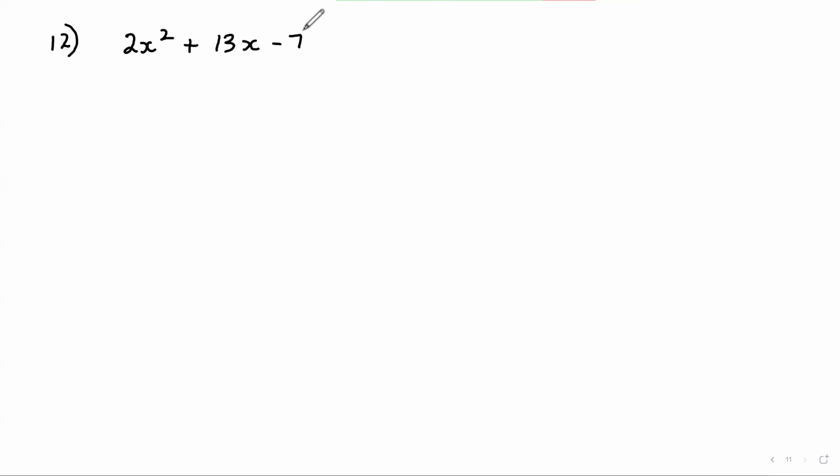So Isabel, we're going to have a times x plus b over 2a, all to be squared, minus b over 2a, all to be squared, minus c in this case. Help me put this in that format.